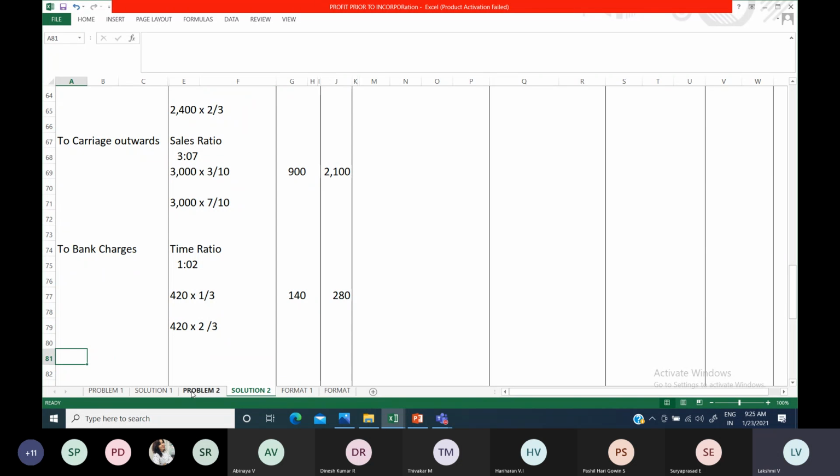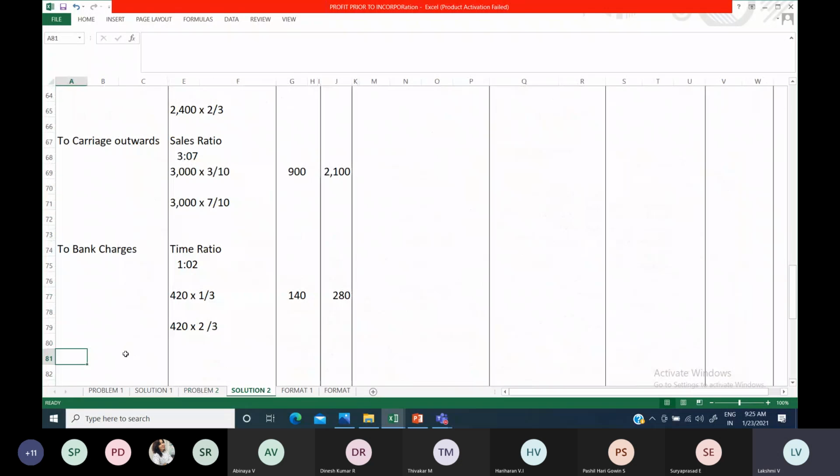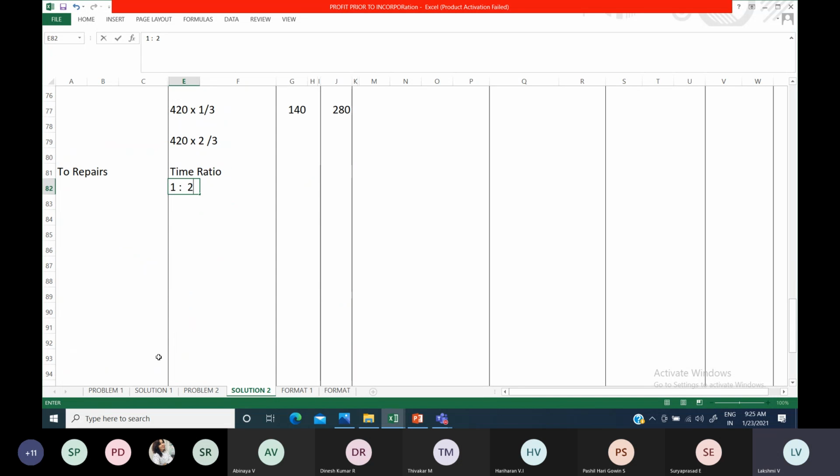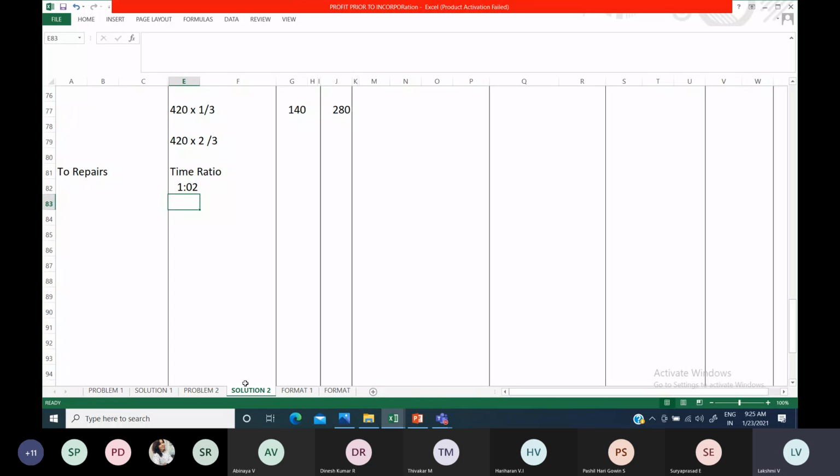Yes. So next, moving on to other items. Repairs. This is also on the basis of time ratio, 1380. So mention repairs, time ratio 1:2. So the amount is 1380 for repairs.